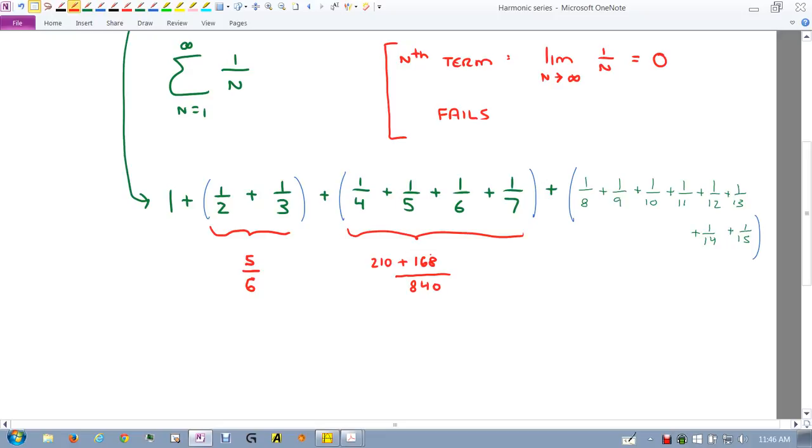The next one would be 140. And the next one would be 120. Add all those up on top. What is it on top? Someone get that already? 319 over 840? No, that's 638.